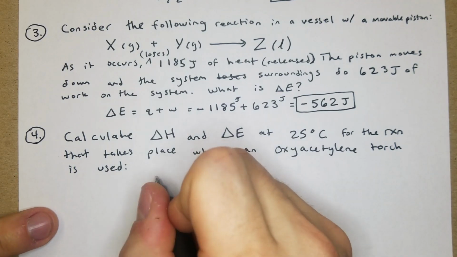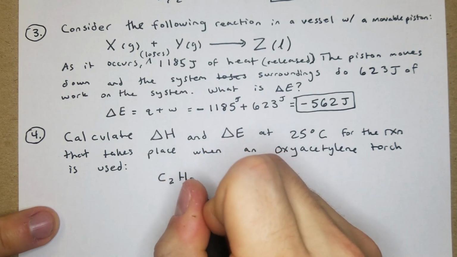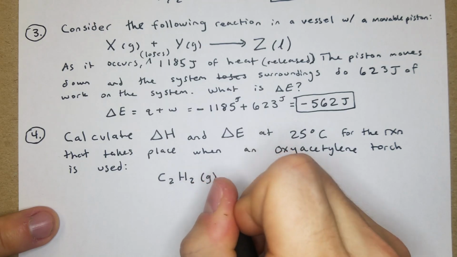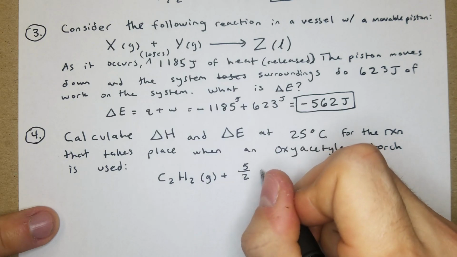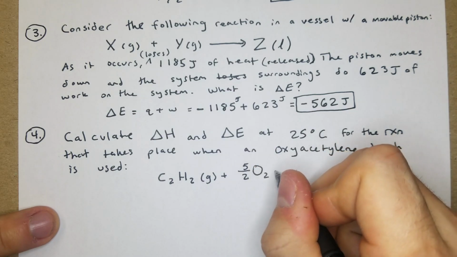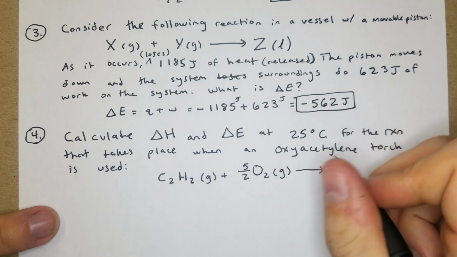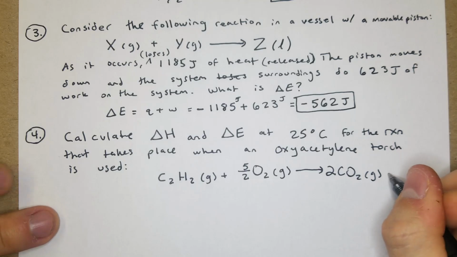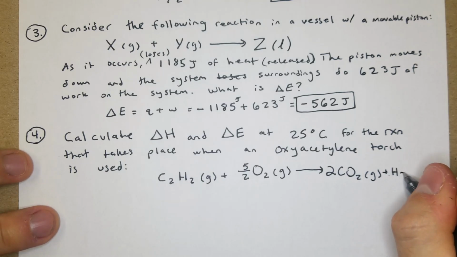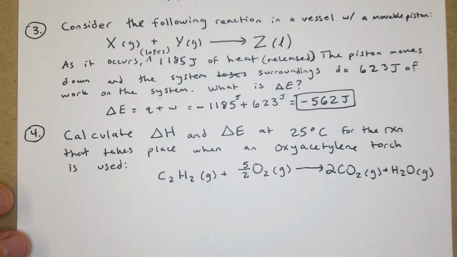Here we have C2H2 gas plus 5/2 O2 gas yields 2 CO2 gas plus H2O gas.